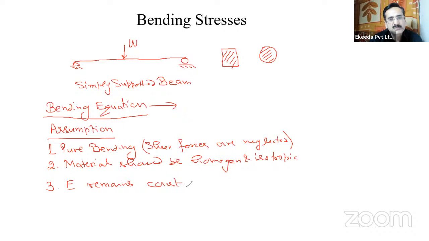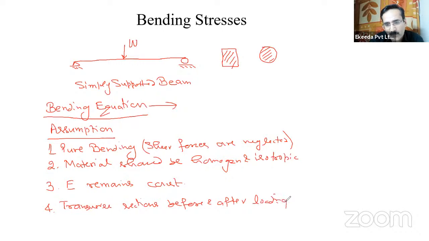Based on these assumptions and two, three more, the cross-section area before and after the loading should be the same. So one more assumption is that transverse sections before and after loading remain constant, right? These are the assumptions related to this equation.